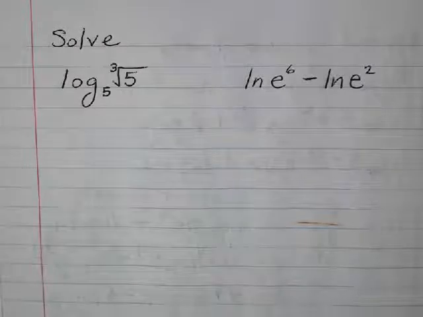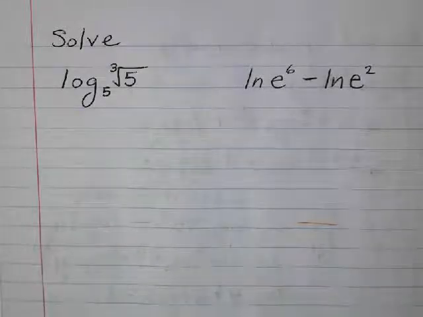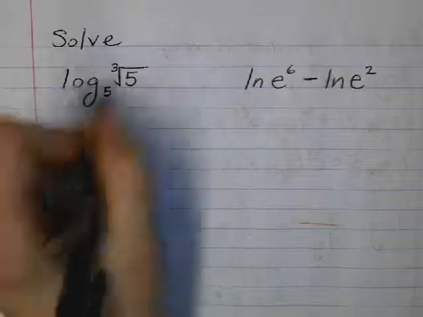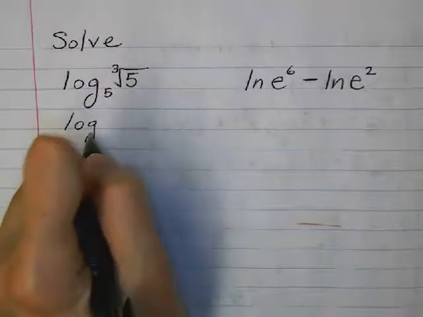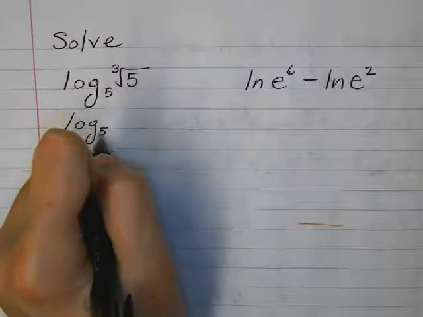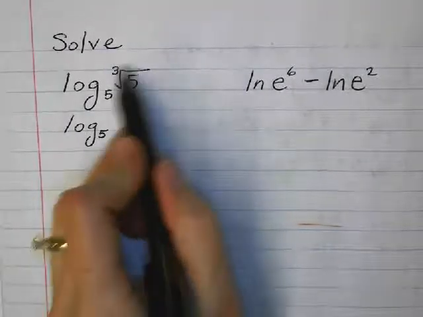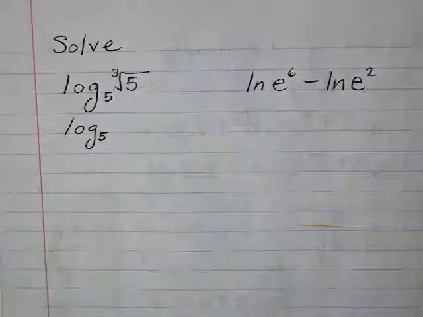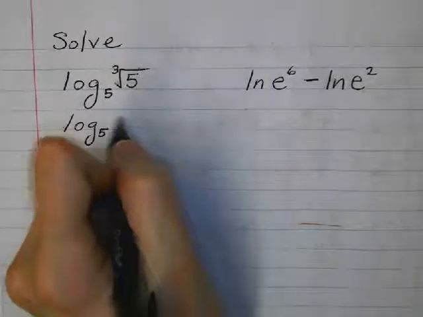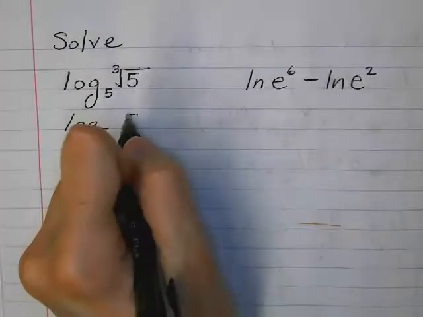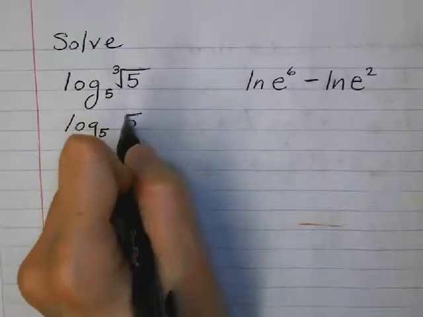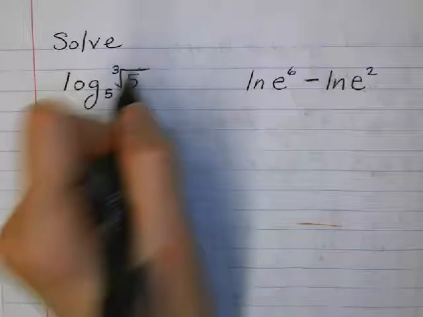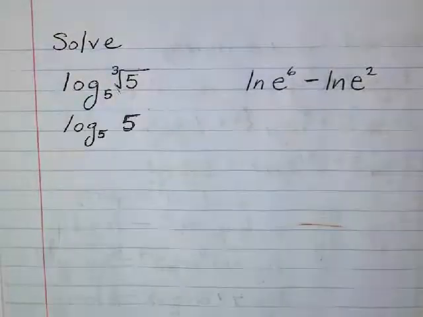So if you use these properties we learned today, sometimes it makes it easy to solve things too. So this one, log base 5. Now this is the cubed root of 5. So it's just like the one with the square root. There's a different way to write cubed root. Instead of writing a box around this number 5, you can write 5 to a certain power.